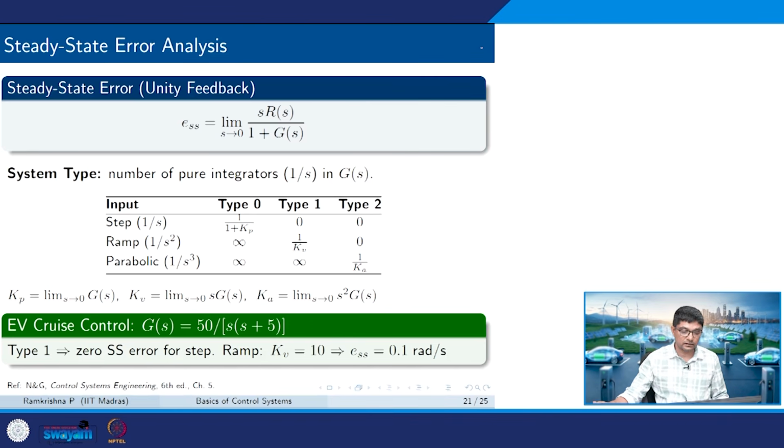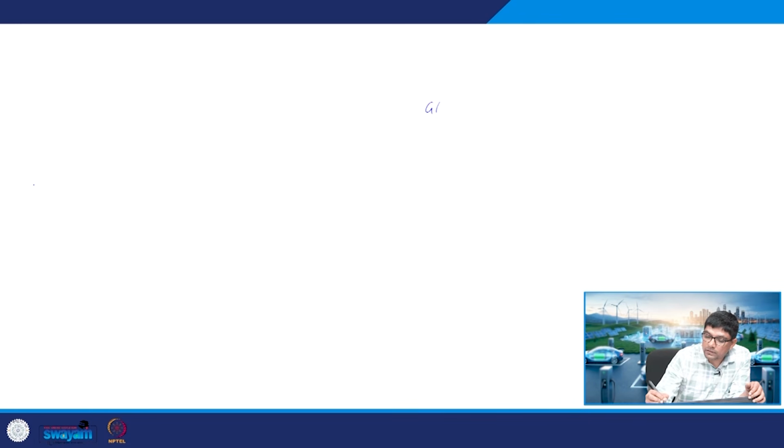So, let me open the writing pad. Say g of s is 1 over s tau plus 1, or we say, okay, let me say that g of s is now some number k over s plus a. Now, what is my steady state error?